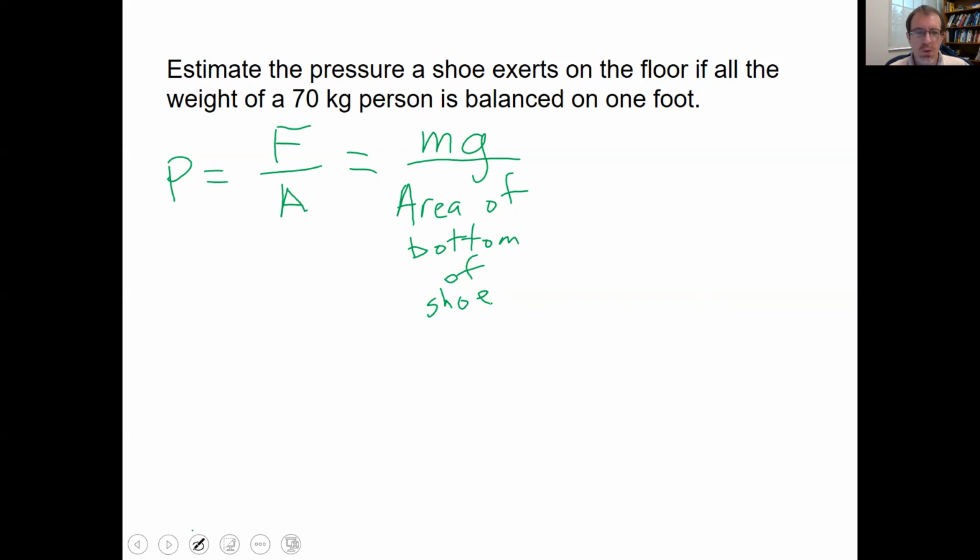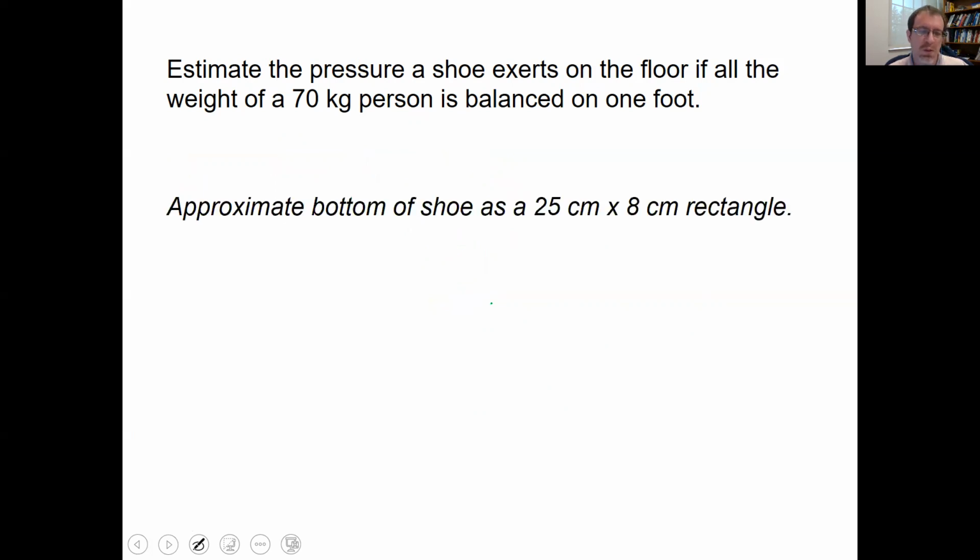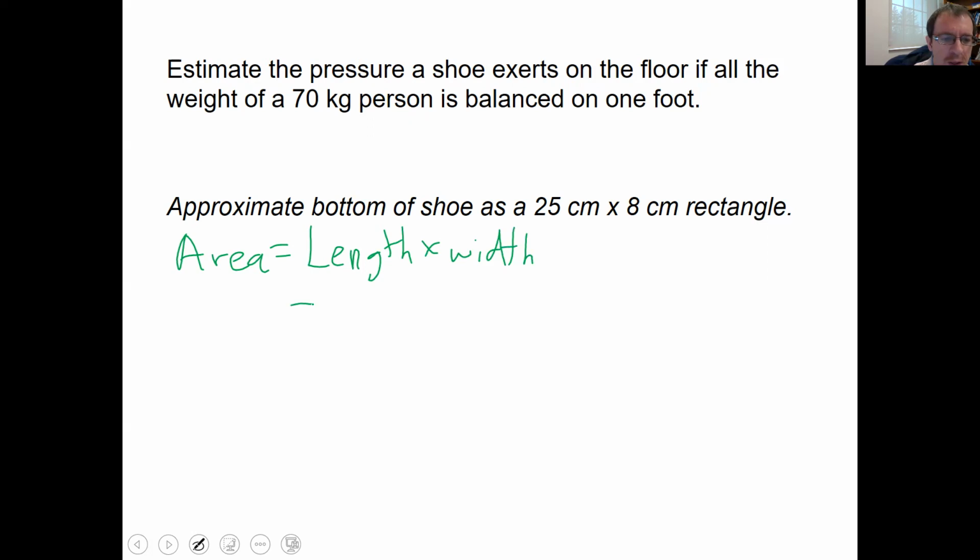So what we can do is approximate the bottom of my shoe as a rectangle that's got a length of 25 centimeters and a width of 8 centimeters. If that's the case, then the area of a rectangle is length times width. Now I can't operate in centimeters.